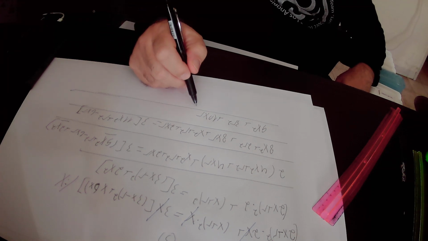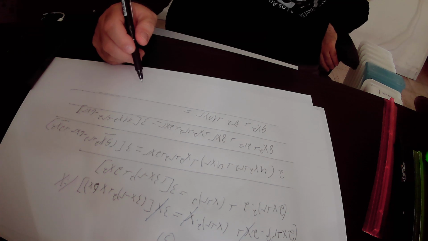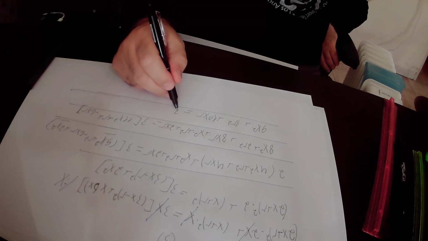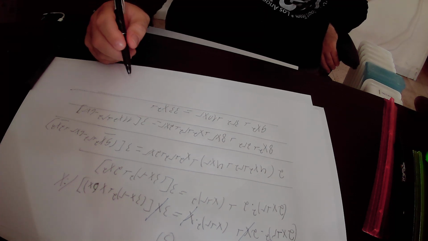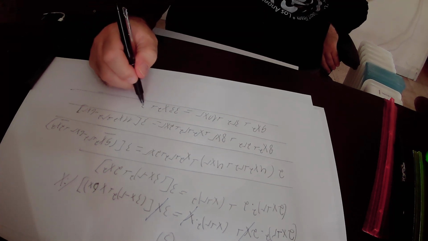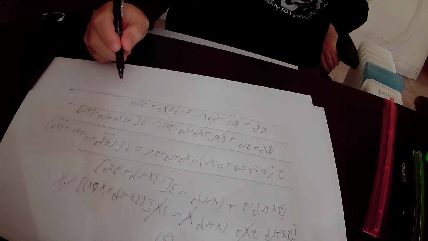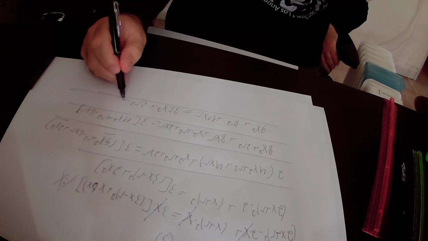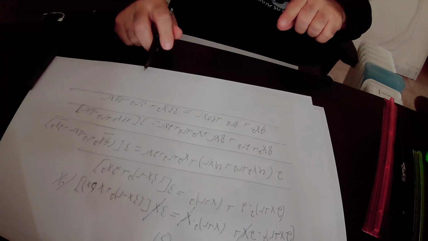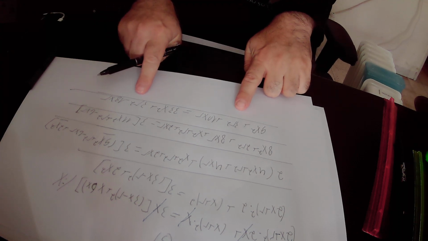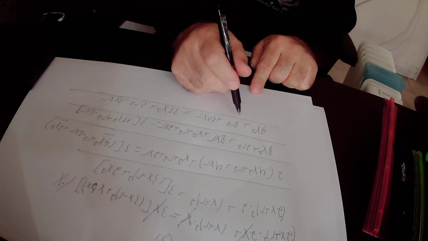Okay. 3 times 11x squared is 33x squared, plus 3 times r squared is 3r squared, and finally 3 times minus 6xr is minus 18xr. So here we have 3r squared on both sides of the equation, so 3r squared will get cancelled.